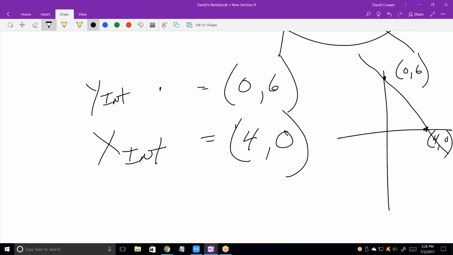And not just in algebra, but in algebra 2, and geometry, and trigonometry, and calculus. Slope is the most important word in math. Okay? So I don't really like talking about straight lines without talking about slope.